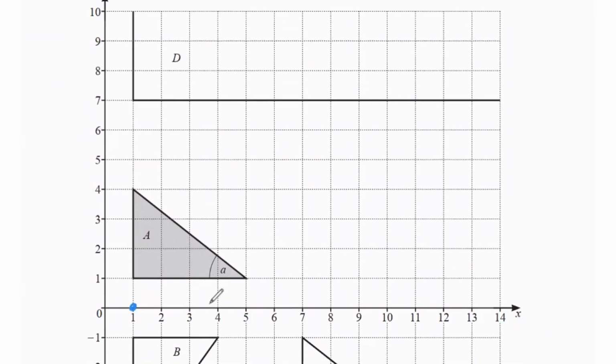This is our center of enlargement. If we compare the distance of this point from the center, it's 1 unit. Now, if we compare the distance of this point from the center, it's 1, 2, 3, 4, 5, 6, 7. So that's 7 units. So that clearly shows that the scale factor over here is 7.